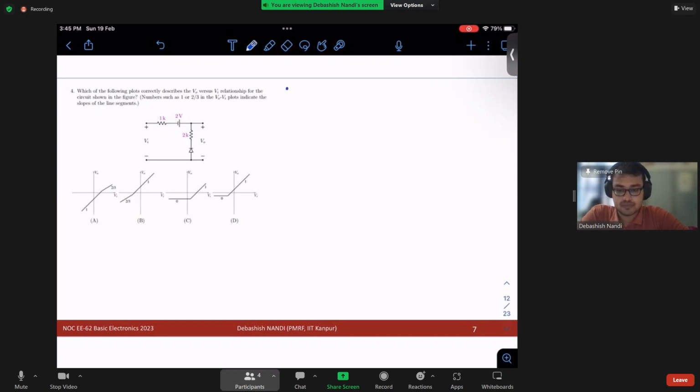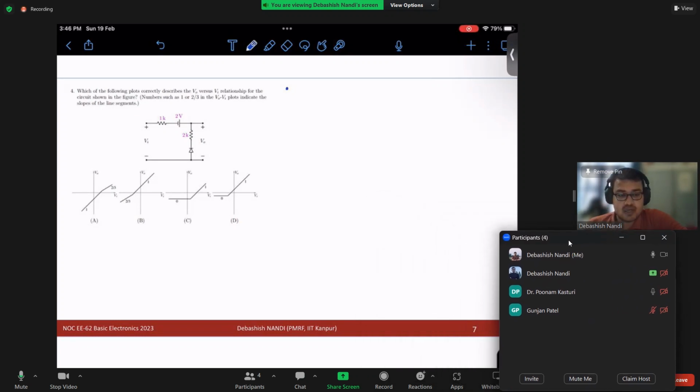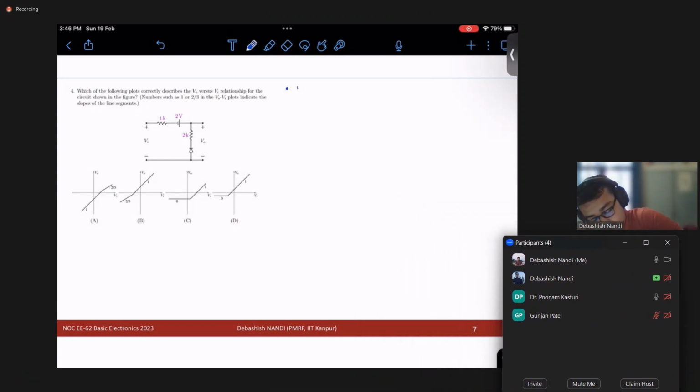When the diode is off, you tell me and I'll write along. Then what happens? V naught is equal to Vi plus 2 volt, right?